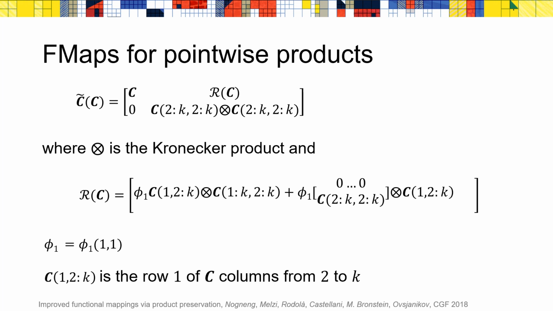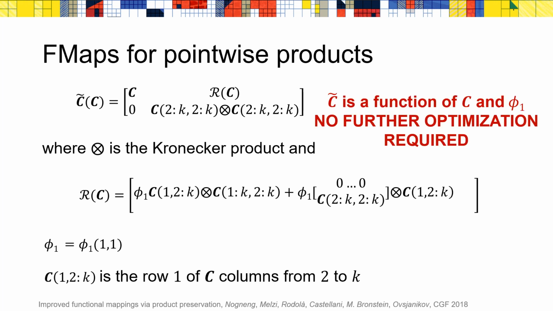For more details, we refer to the original paper, Improved Functional Mapping via Product Preservation. But what I want to highlight here is that the matrix C tilde is composed of all values that only depend on the first eigenfunction phi1 and the values contained in C.